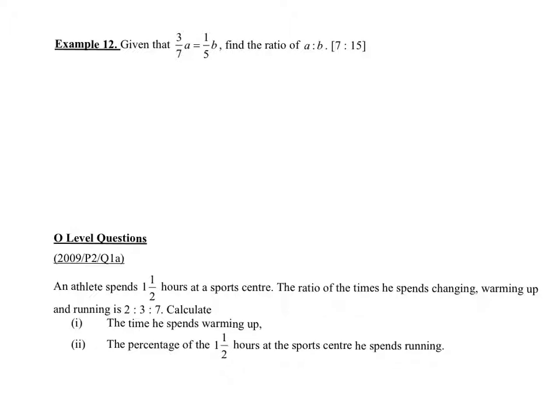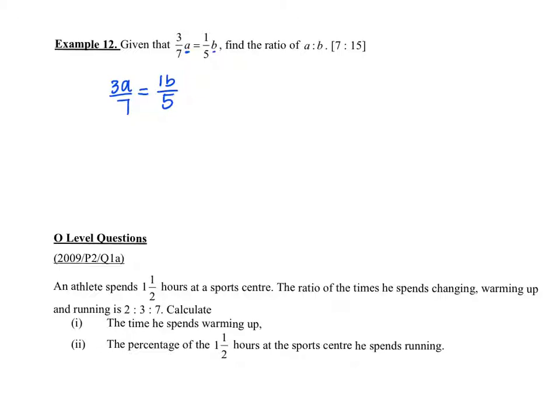Now in example number 12, this is given to us: 3 over 7a. Now where does the letter a belong to? Does it belong to the numerator or denominator? It belongs to the numerator, right? So I will actually have 3a over 7 equals 1 over 5b, so the b belongs to the numerator and will be 1b over 5.